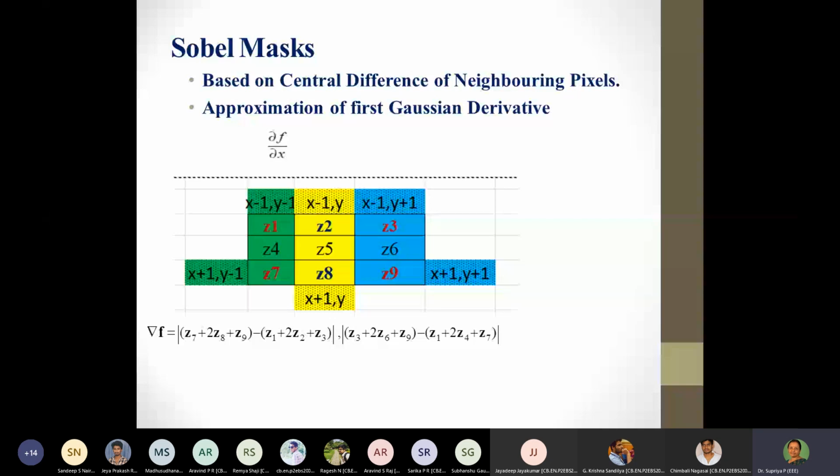Is it fine? So as a result, you will see mx is going to appear like this. That is, here you will be having this as z7 is 1, z8 is 2, z9 is 1, and z1, z2, z3 are respectively minus 1, minus 2 and minus 1, as can be seen from here.